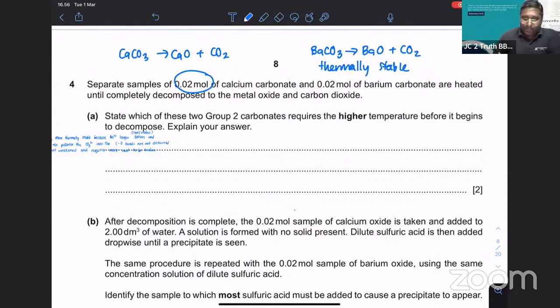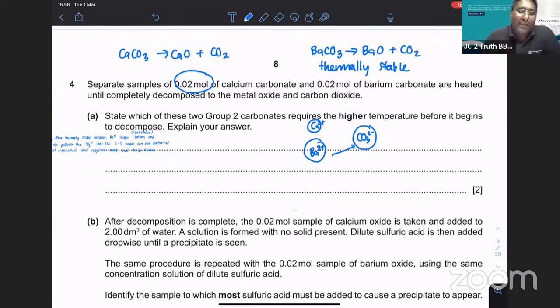If you look at calcium, it is a small ion compared to barium, which is lower. The barium ion is going to be a larger ion. If I want to represent this, the barium ion Ba2+ and Ca2+, Ba2+ is a larger ion. If it is a larger ion, it is not able to polarize the carbonate ion. So the electron cloud in the carbonate ion is not distorted.